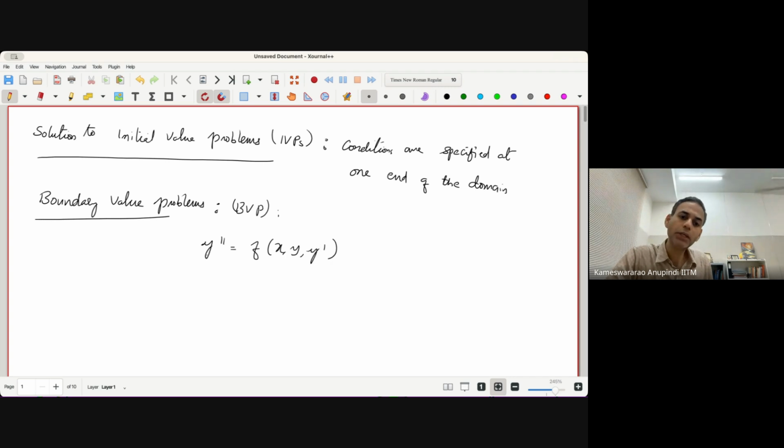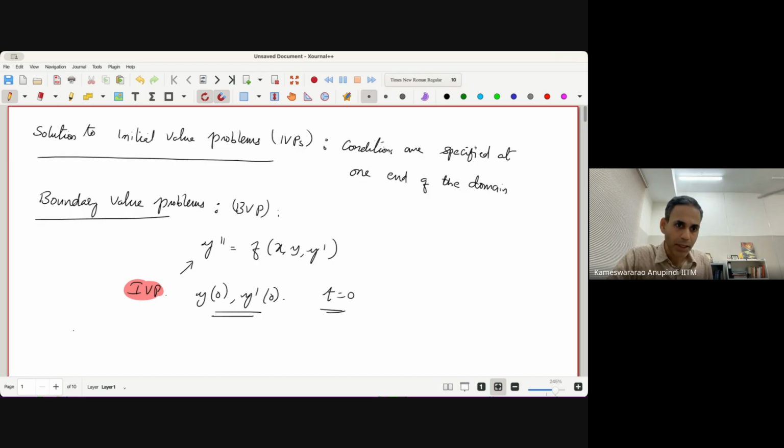One thing you see already here is that the moment we went to boundary value problems, I have written a second derivative, because boundary value problems require the ODE to be at least second order, because we are specifying two conditions. If we want to solve this second order ODE as an initial value problem, we will have specified y of 0 and y prime of 0. That means we are specifying both at t equal to 0, and this is an initial value problem.